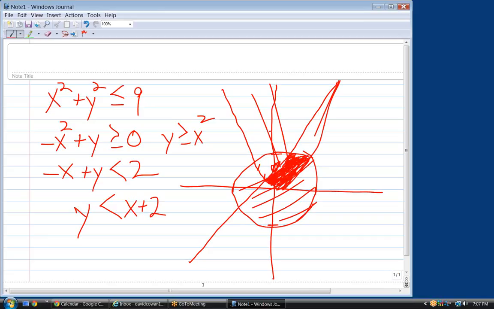Like that. There is our shaded region where everything is true. We're inside the circle, above the parabola, and below the line. Okay?